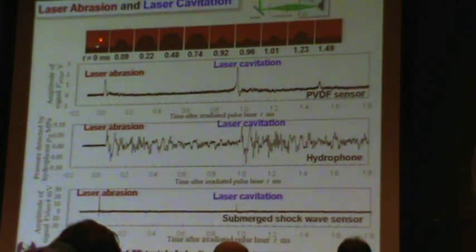We get the ablation, so we get some signal. After that, the bubble develops and collapses, so we get the impact here. And the bubble also rebounds, so at the secondary collapse we get another impact here. So this is a signal from inside the material.